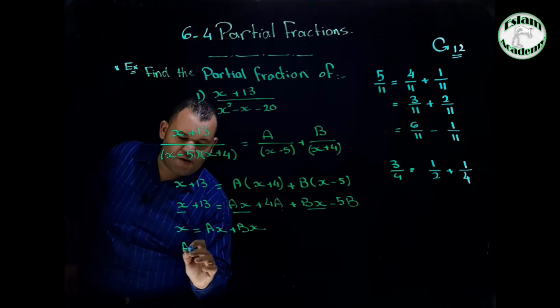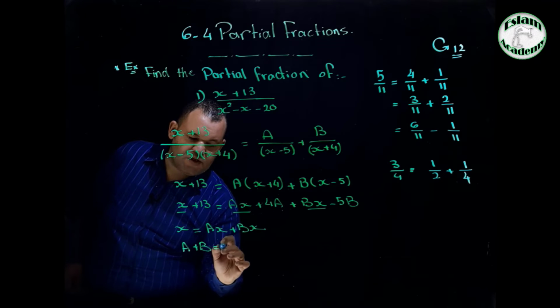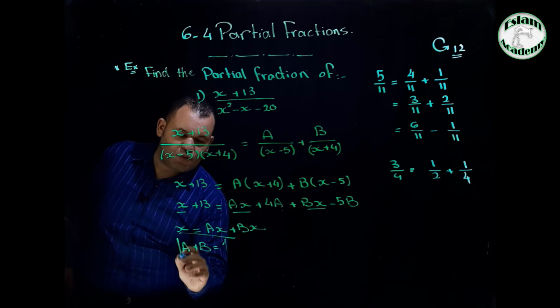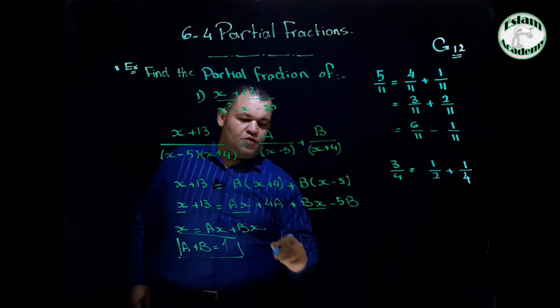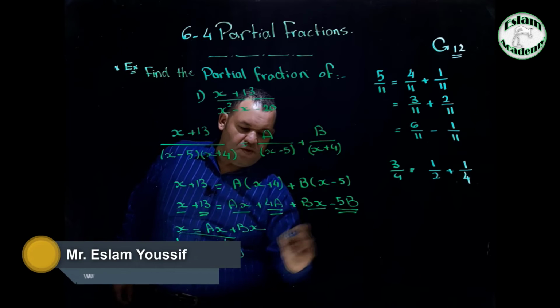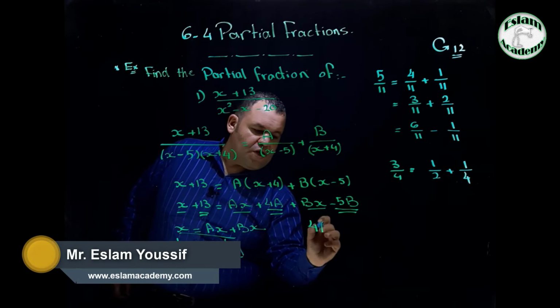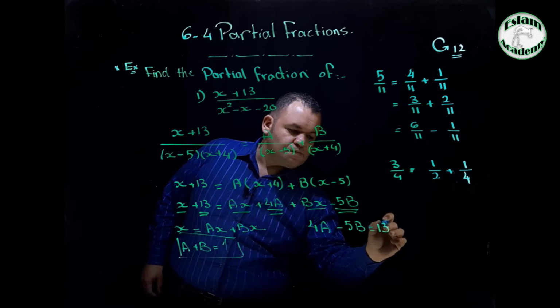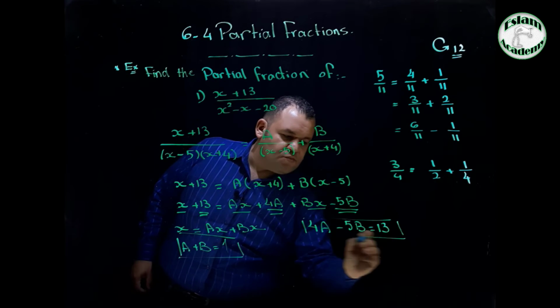It means a plus b is equal to 1 if you divide all of the expression by x. And that's equation number 1. For the second equation, we have 13, 4a and negative 5b. So 4a minus 5b equals 13. And that's equation number 2.